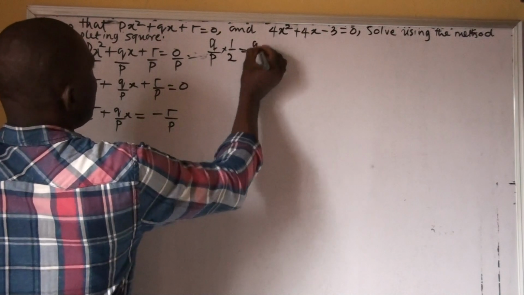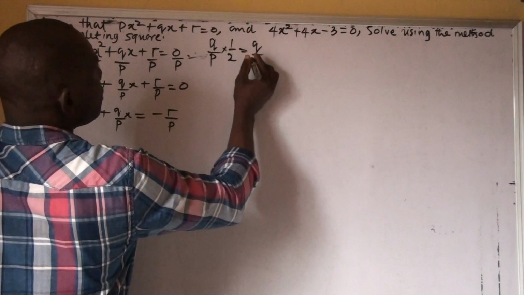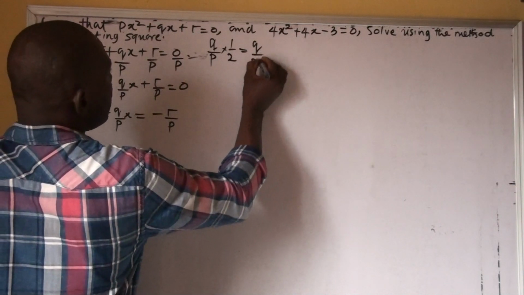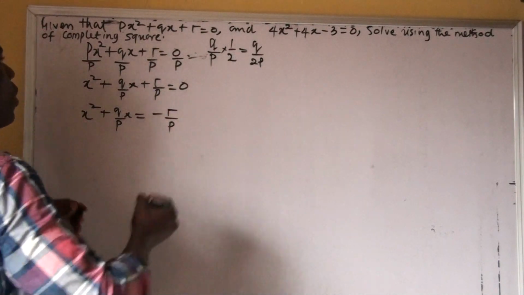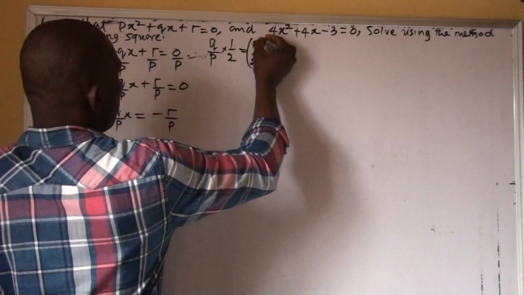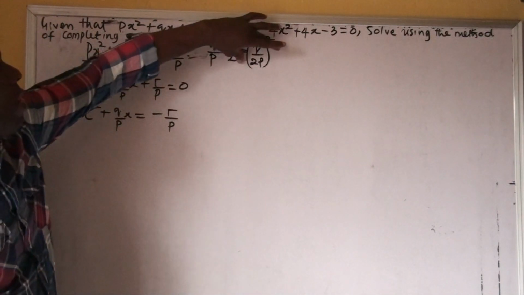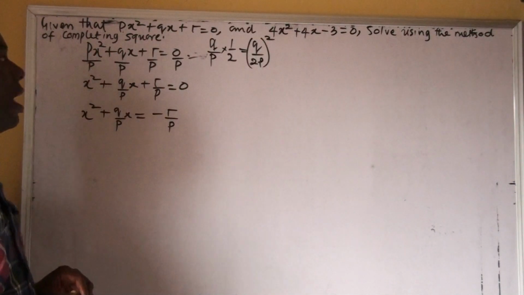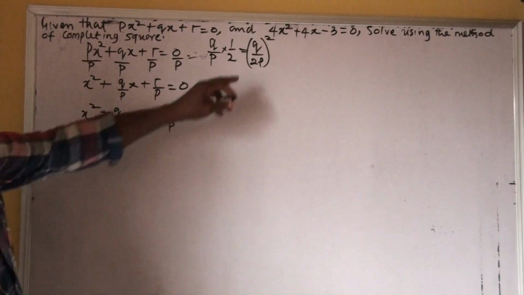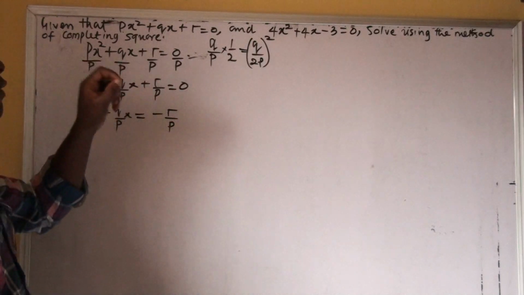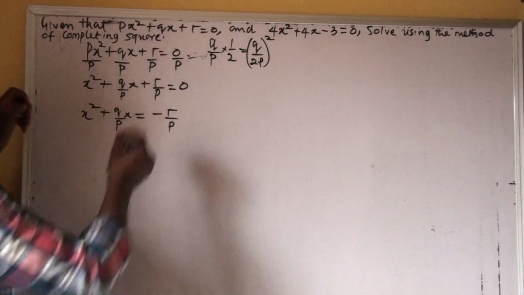This will become q over 2p. So this term we obtain here, we're going to square it, and add it to both sides of the equation. So you add this square of half the coefficient of x to both sides of the equation. So that's what we're going to do now.